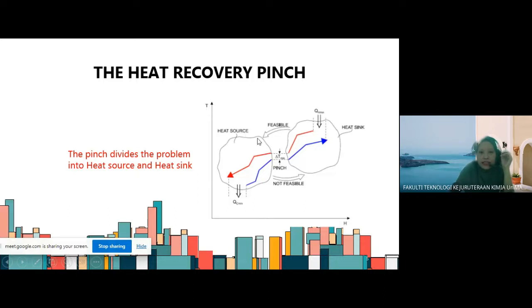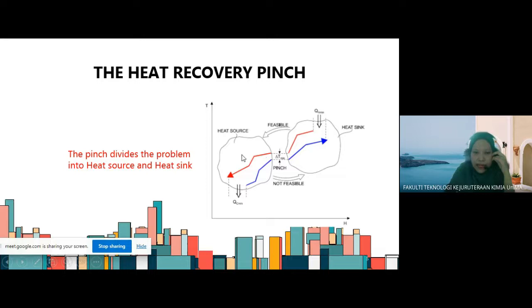Right. Okay, so from the pinch value, the pinch will divide the problem into heat source and heat sink. Looking here, above the pinch, and the left side is the area below the pinch. What happens above the pinch? The process acts like a heat sink where it receives heat from the hot utilities, right?